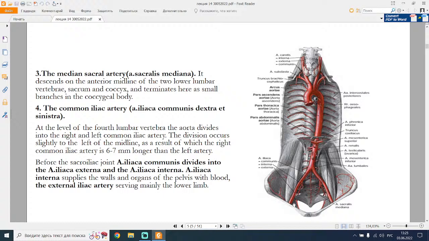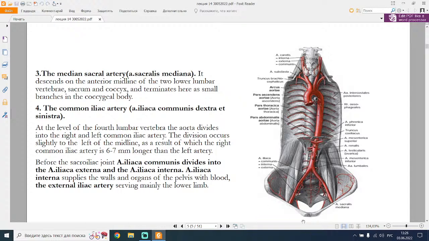Next artery, arteria iliaca communis, dextra et sinistra. This is the site of bifurcation of the abdominal part of the aorta.